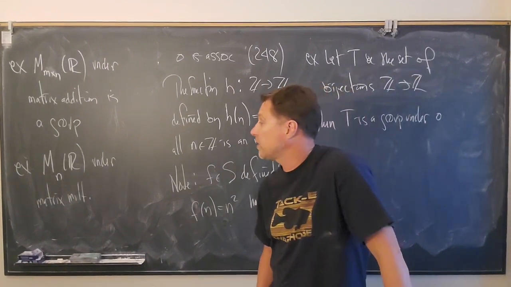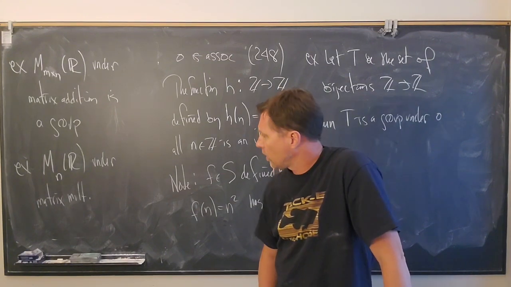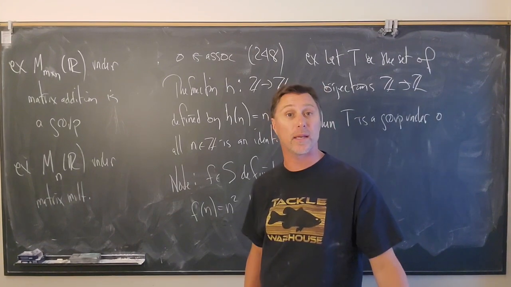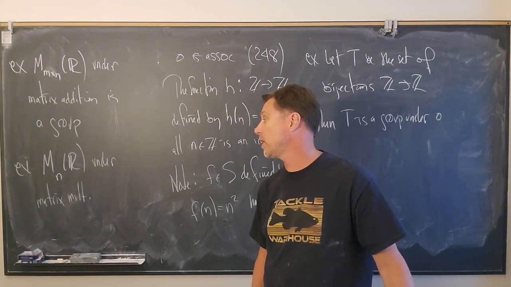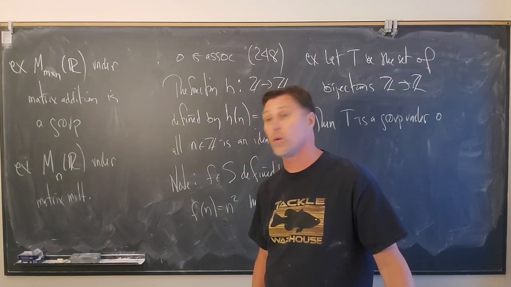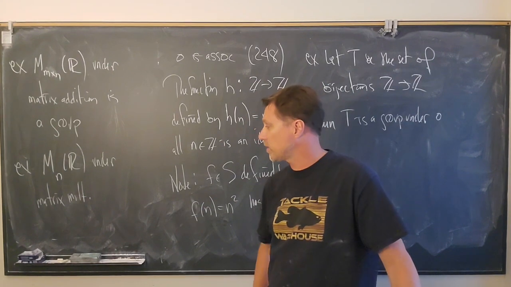That tells us that it's closed under multiplication. What else? Associativity, you know from Math 206 that matrix multiplication is associative. Identity, well, the identity matrix, the one that has ones along the diagonal and zeros everywhere else, will serve as a multiplicative identity.